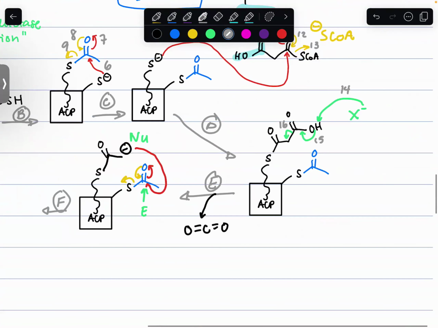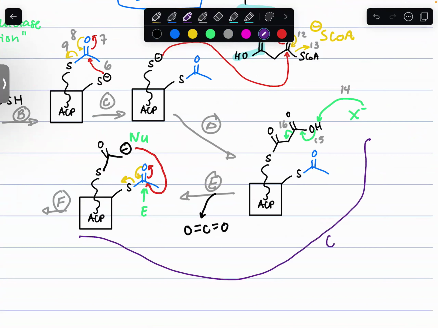Basically, this whole part is step 1. Everything before this was just loading the protein.